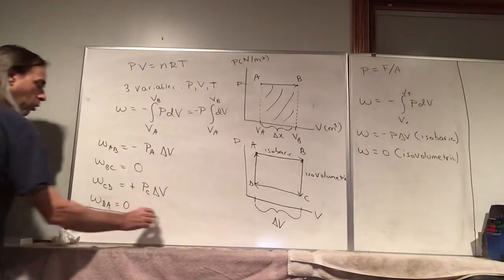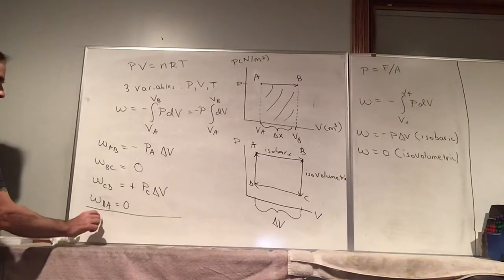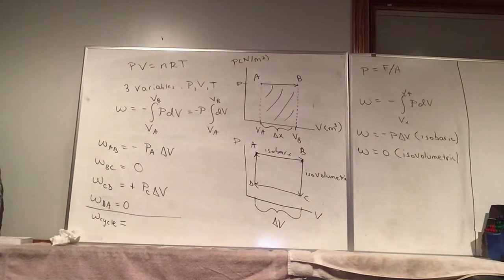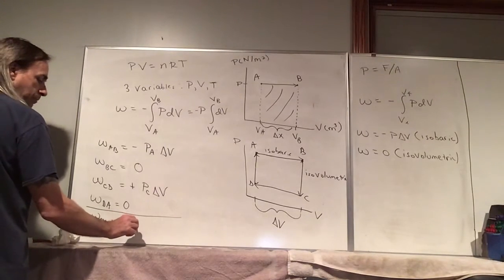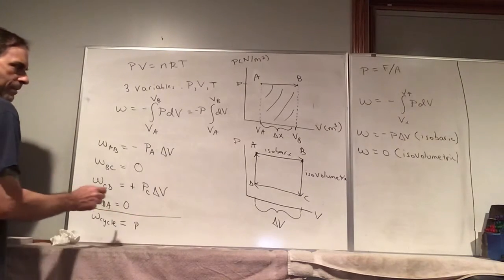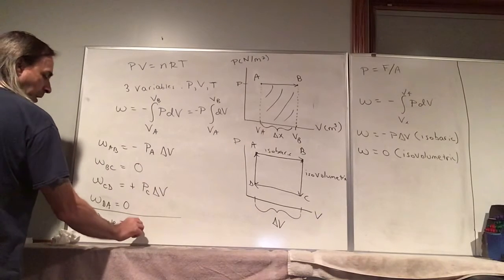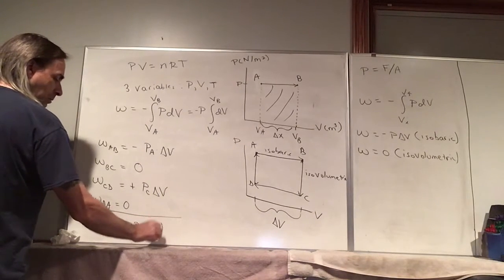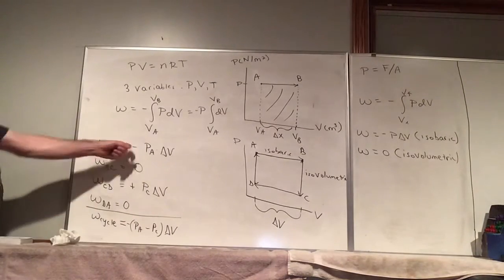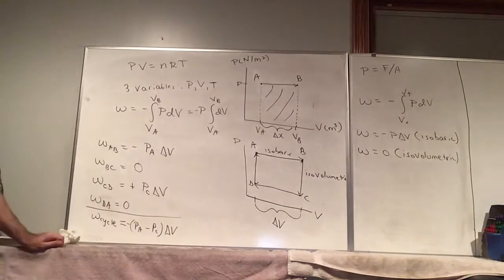So the work over the cycle, we can factor out the delta V. I'm going to say PA minus PC times delta V. So we have minus PA plus PC, so that works out.